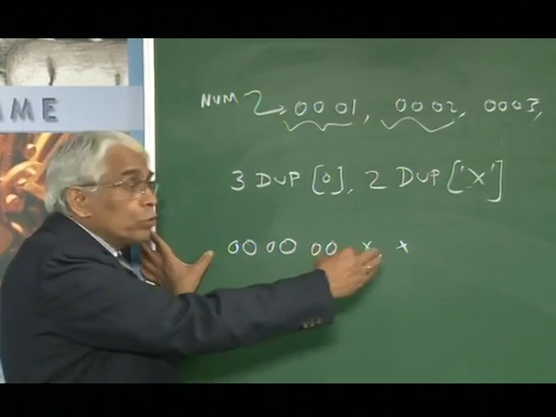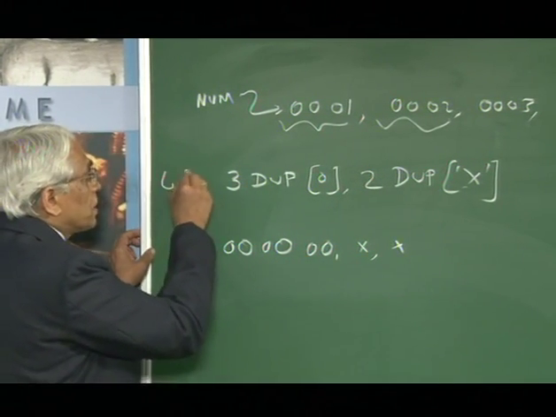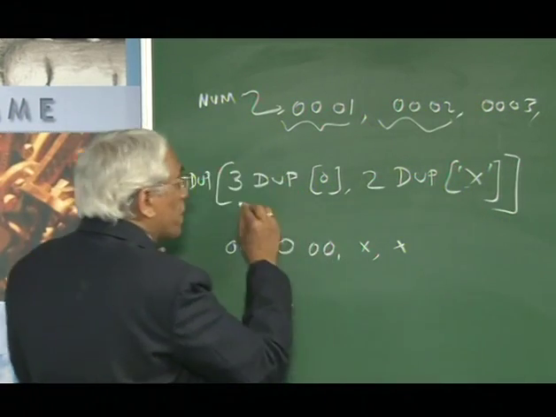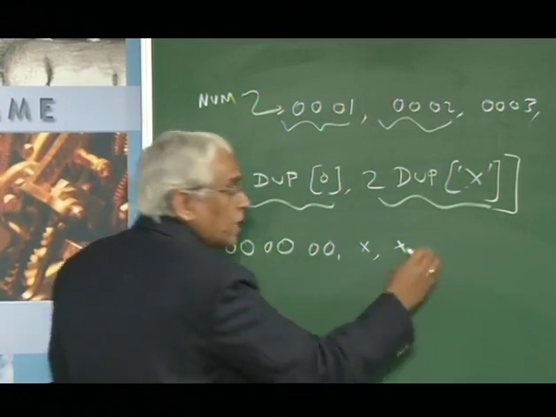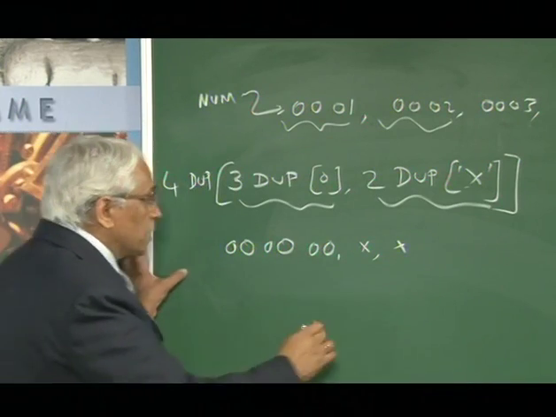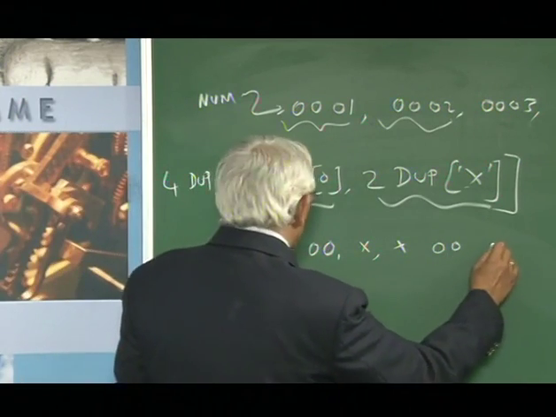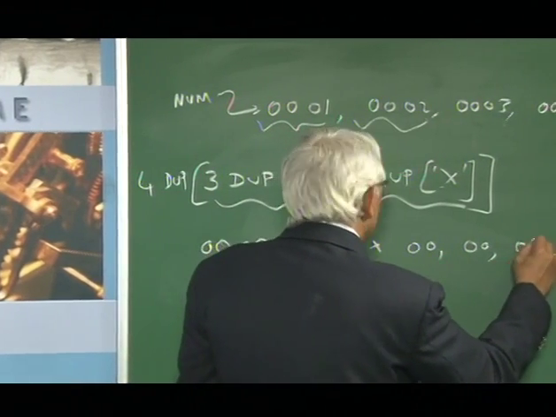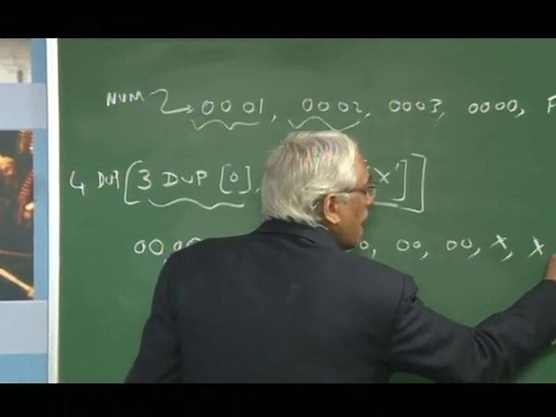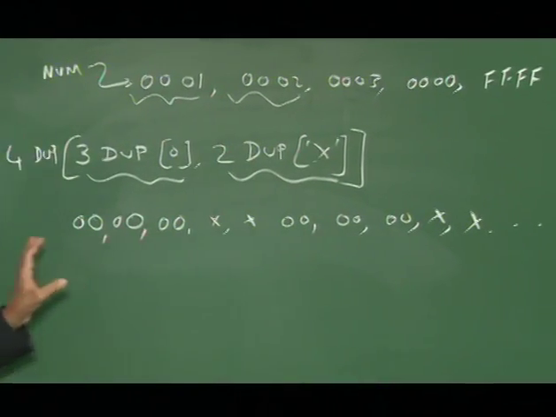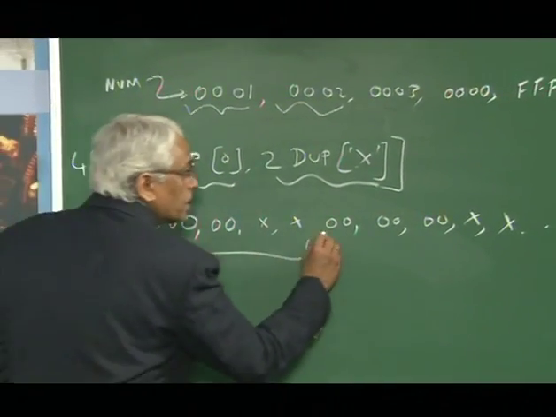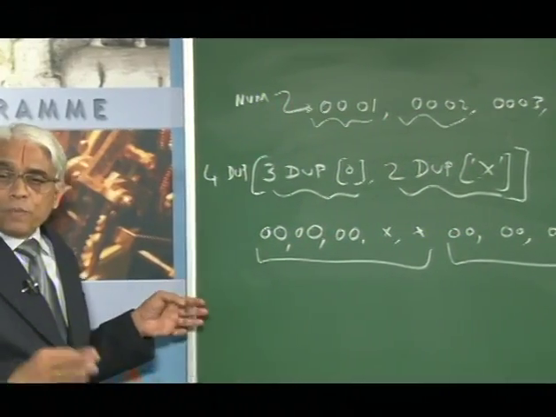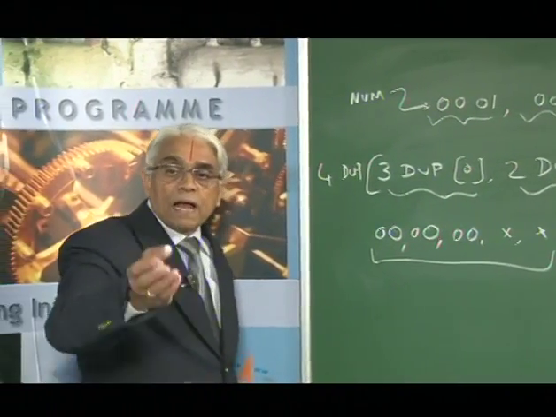It continues, saying that this particular operation has to be repeated 4 times, hence it is going to continue in the memory locations as 00, 00, 00, XX and so on. So that means that this is the first time, this is the second time, then the third time and the fourth time, and to make it look nice, I have just put it like this.